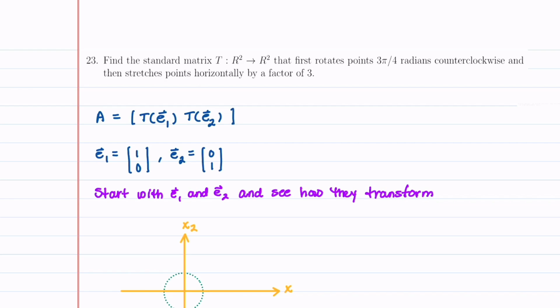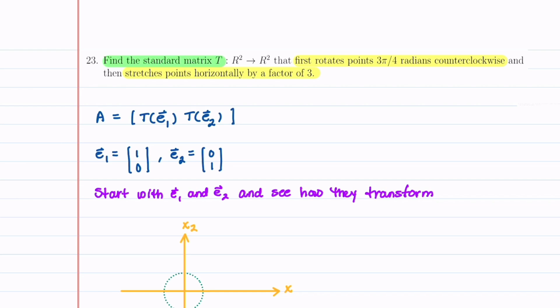In this problem, we're asked to find the standard matrix of T from R2 to R2 that first rotates points 3 pi over 4 radians counterclockwise, and then stretches points horizontally by a factor of 3. Let's start by looking at what our standard matrix is.